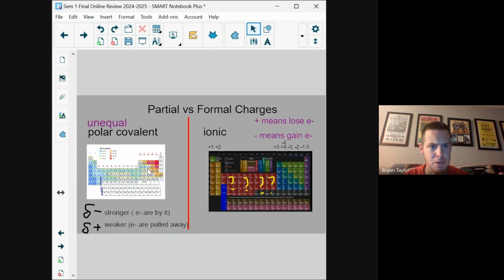But I'm not going to make you know, like, phosphorus versus silicon or phosphorus versus carbon. Those are common questions, but I'm not going to make you make that decision. So you can use this chart to figure these out. And that's really it. You're just telling me who's stronger. Does that answer the question? That's honestly it.